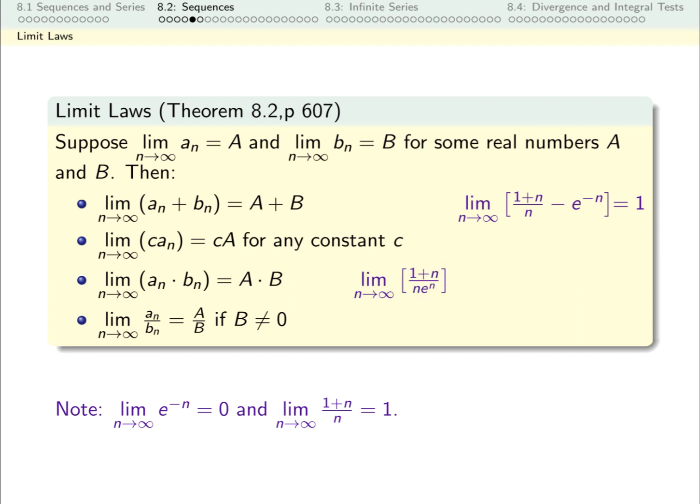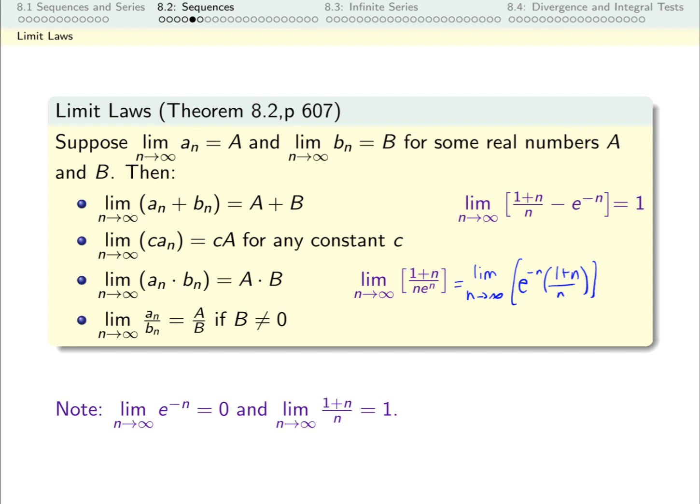Now I want you to think about this limit. First, think about how you combine these two sequences to get this sequence, and then how you combine their limits. I can write this as e to the minus n times (1 plus n) over n.